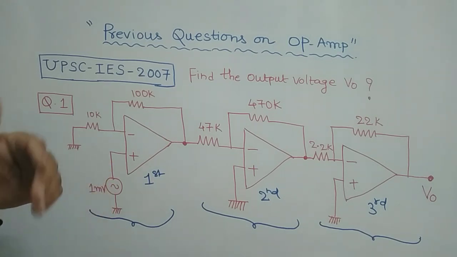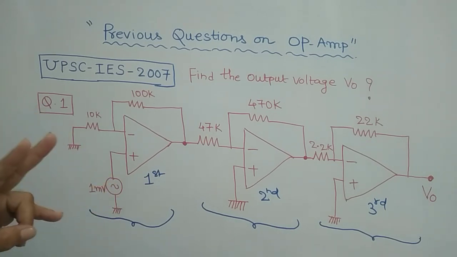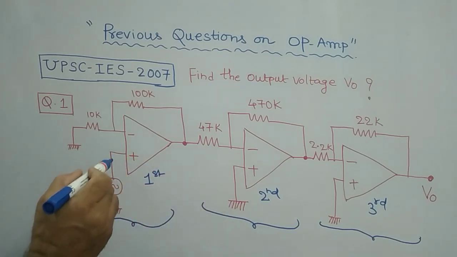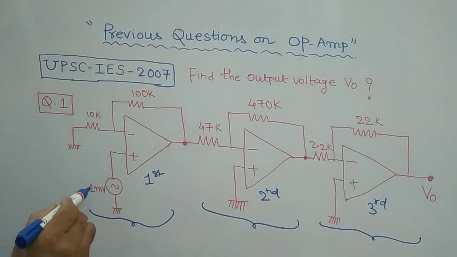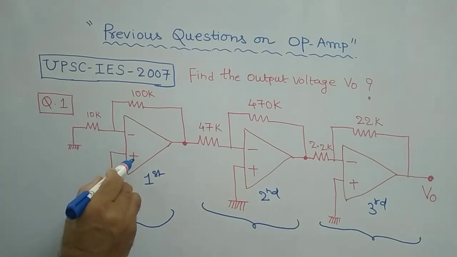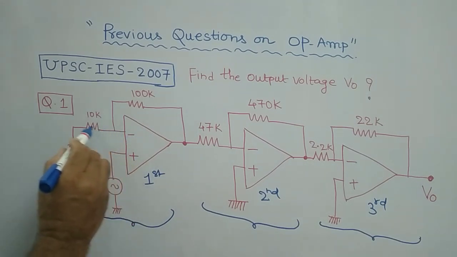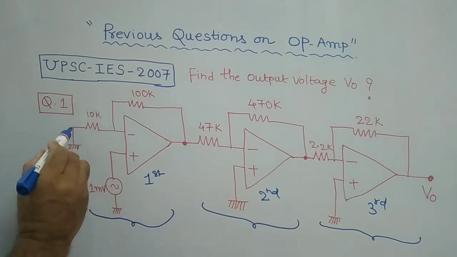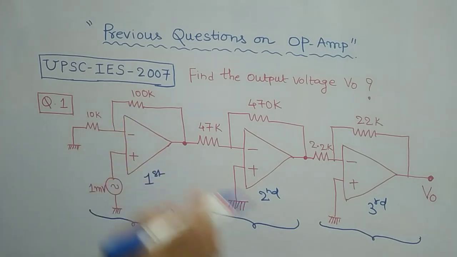What is the input here? 1 millivolt is applied to the positive terminal of this first stage operational amplifier, whereas the minus terminal is grounded.